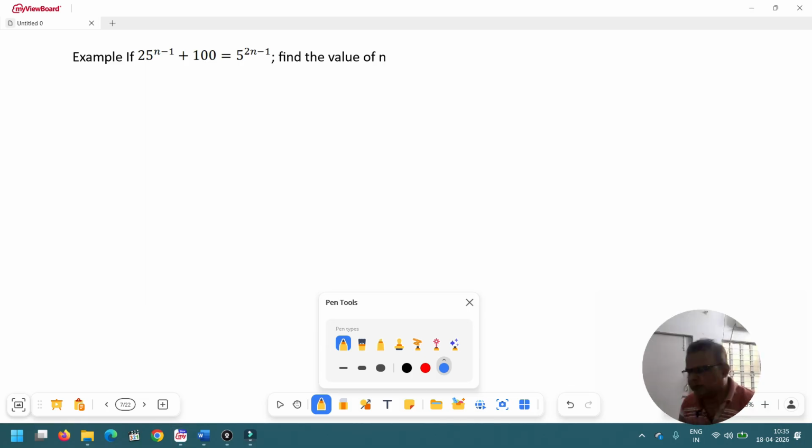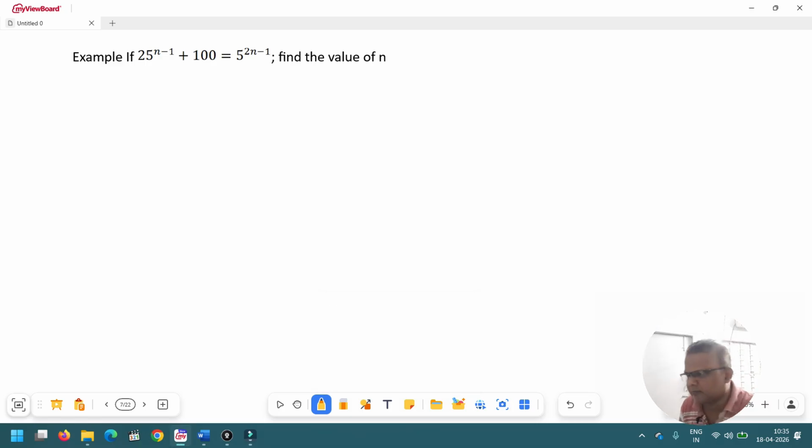The next example. If 25 power n minus 1 plus 100 is equal to 5 power 2n minus 1, then find the value of n. Consider the above reason.